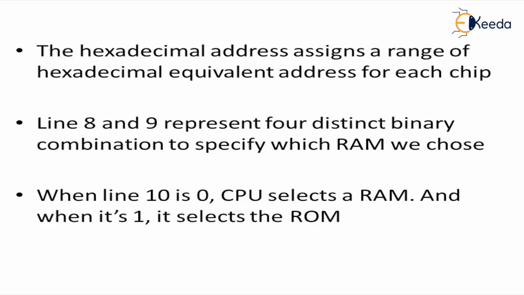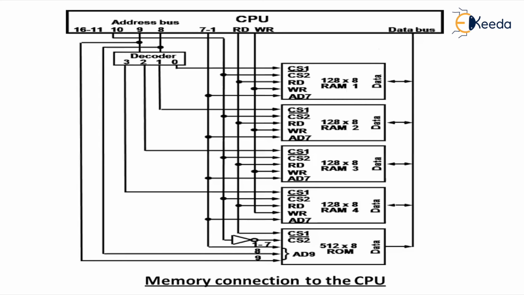So a simple concept: when it is 0, the CPU is selecting RAM; when it is 1, it is selecting ROM. So it eases the work of the CPU also. Now when you see this diagram, here is how memory is connected to the CPU.